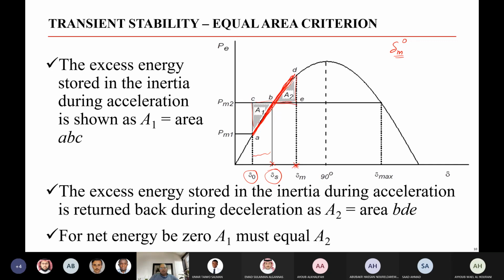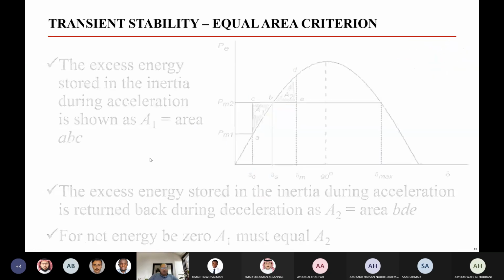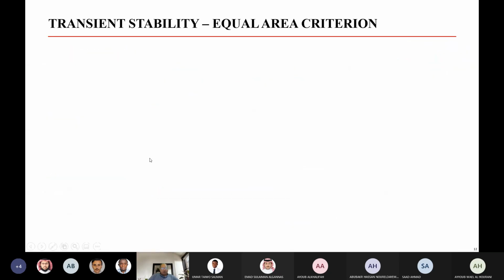If this is linear, to have the areas equal, this will be equal to this one. So delta M as initial, we can start with delta S plus delta S minus delta 0, so 2 delta S minus delta 0. This is the wise start when you go to the trial and error solution. So this is the initial guess of delta M that you can start with.